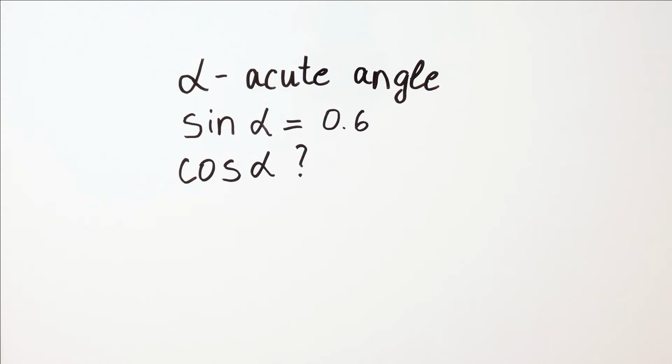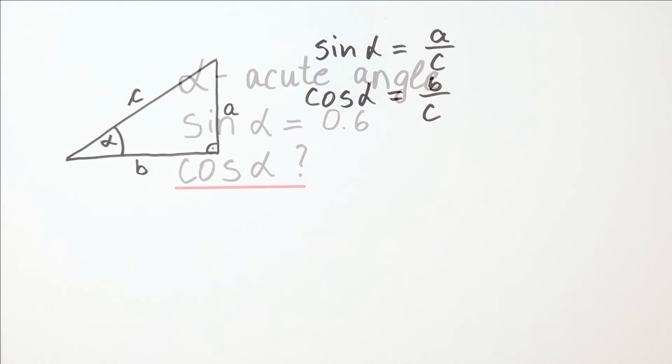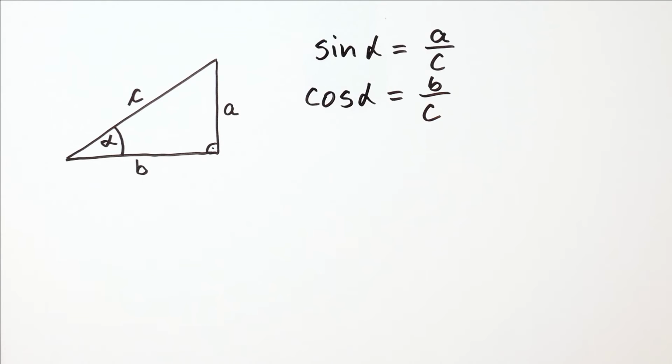We started with a problem where we knew the sine of an acute angle and we needed to calculate the cosine. Then we saw that for the right triangle with legs a and b and hypotenuse c, if the leg a is opposite to the angle alpha, then the sine of alpha is equal to a over c and the cosine of alpha is equal to b over c.